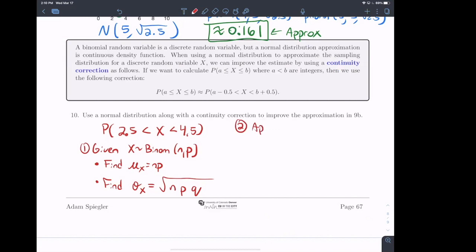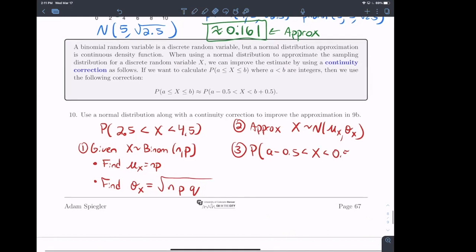We can approximate x with the normal distribution. And then we approximate it again by going half a unit above and below our original limits.